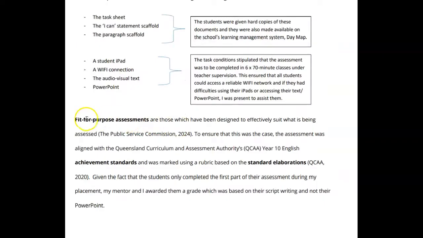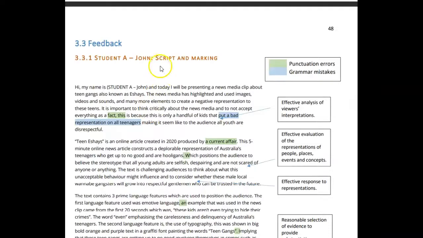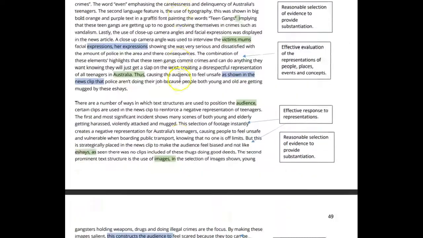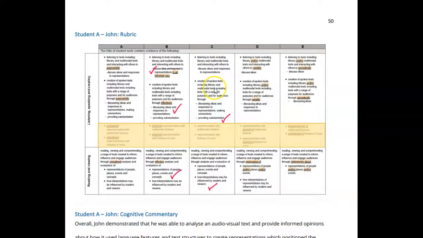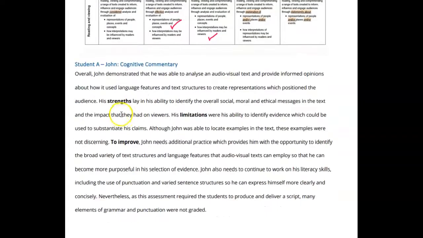Here it is. They've described the fit for purpose, which is one part of the criteria, and here's the feedback that they've given on the summative task, and they've used annotations to advantage. Here's the rubric and a cognitive commentary. The easiest way to do a cognitive commentary is what the person has done well, what the person's weaknesses are, and are there any improvements that you would recommend.